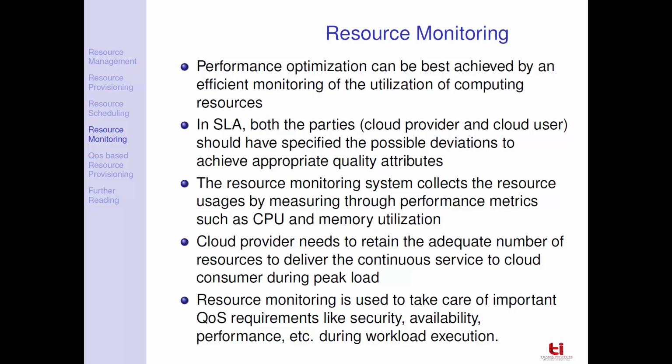Then how many times does such an instance, when the service is not available, occur? This is called deviation. So it should be specified that this many times there can be disruption in the service, but beyond this it is not acceptable. All this has to be mentioned in the SLA. So basically, resource monitoring is very important so that the SLA is not violated.